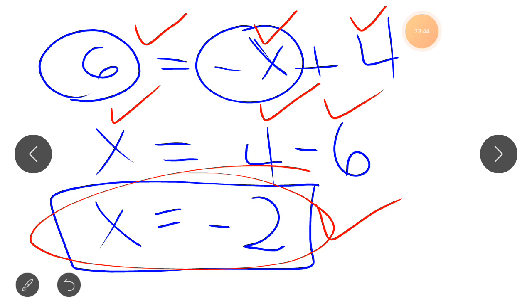So on our next meeting, we're going to proceed with page 36, that is graphs and points of intersection.